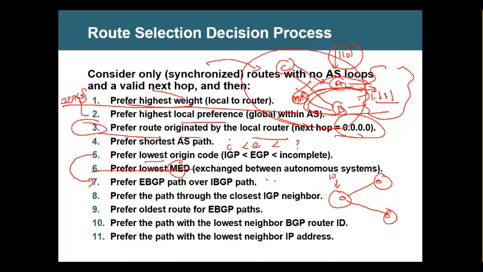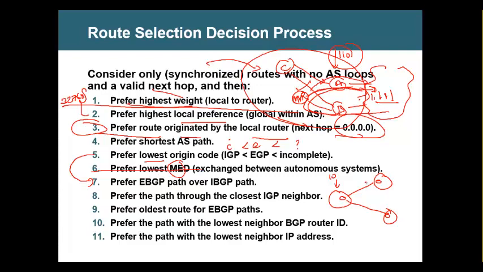Multi-exit means you need to have two exits going to the same autonomous system on the other side. It is not true. It is connected to two different autonomous systems. Though it looks like multi-exit, they are not connected to the same autonomous system.